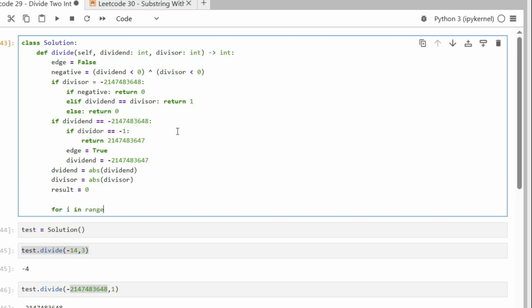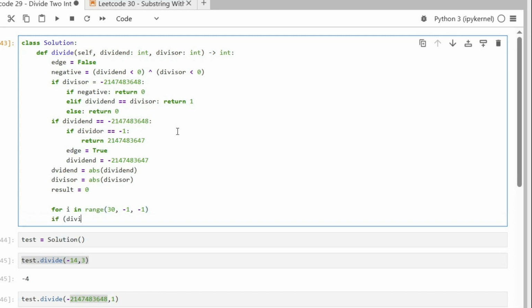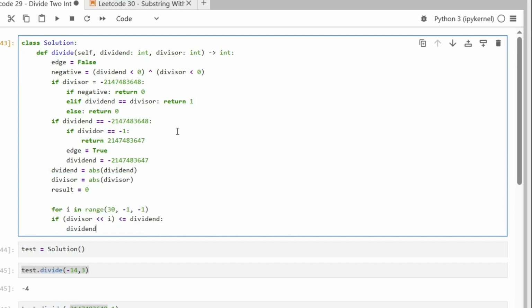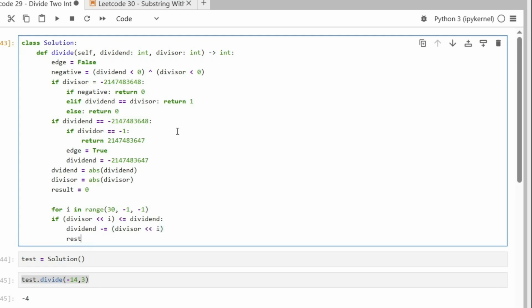For I in range 30 minus 1 minus 1, if divisor shifted by I times is less or equal to the dividend, okay, we say dividend minus equal divisor, which is shifted by I times, and the result plus equal 1 shifted by I times.